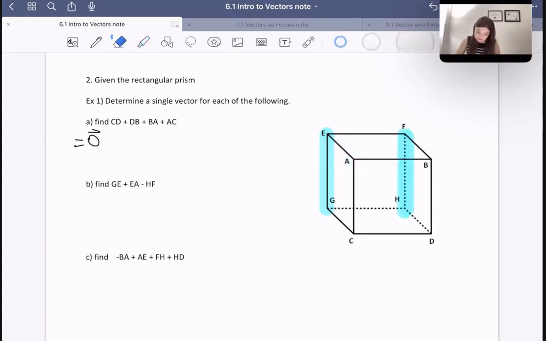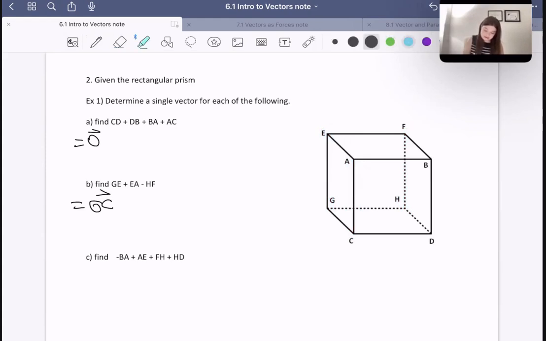So it would go down like this. So this is the same as just going from here to here. This is the same as vector GC, right? They're the same thing.